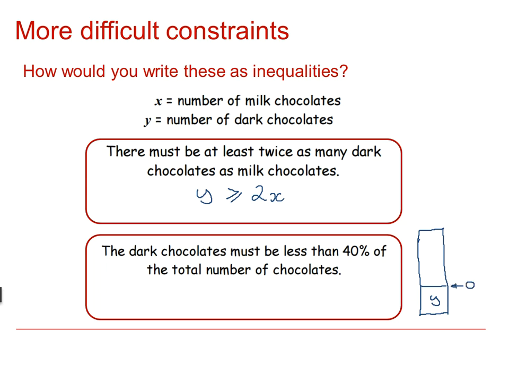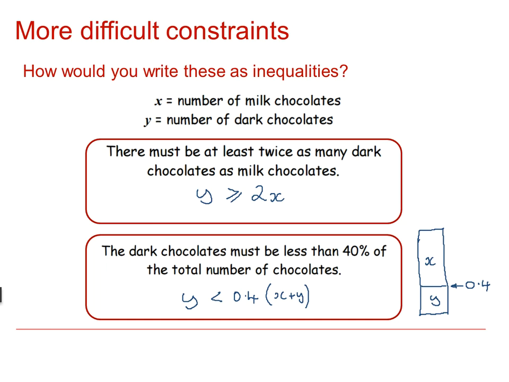Now 40% is 0.4, and the larger portion is going to be at the top, x, so in total we've got x plus y chocolates. So what this says is that y is less than 0.4 of the total, which is x plus y.